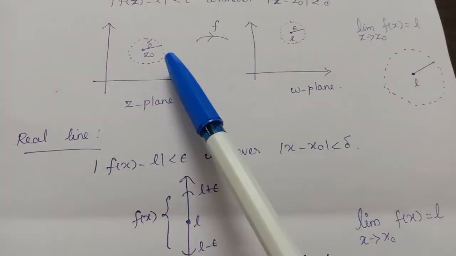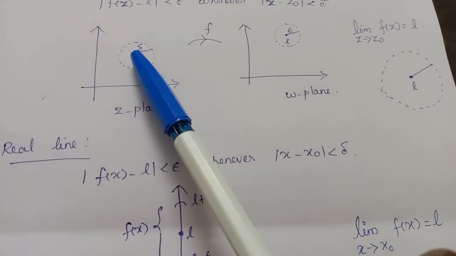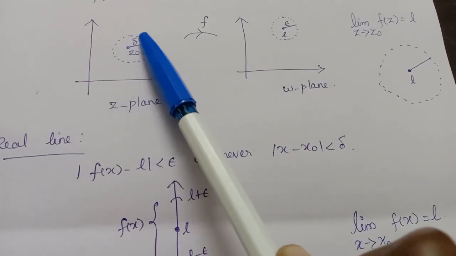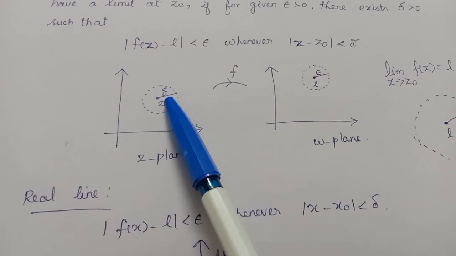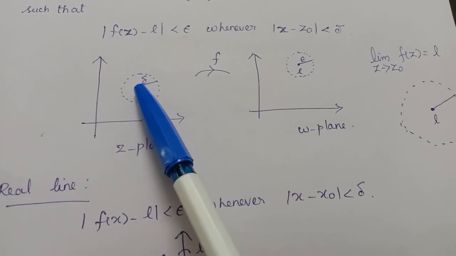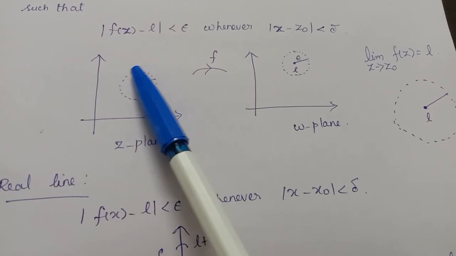In the same way, for the complex plane, it's a plane, so you can move delta distance in any direction, not only left and right. On the real line, I can move only along left and right. Here, for delta distance, I can move in any direction. So if I collect all the points, I will get a circle.